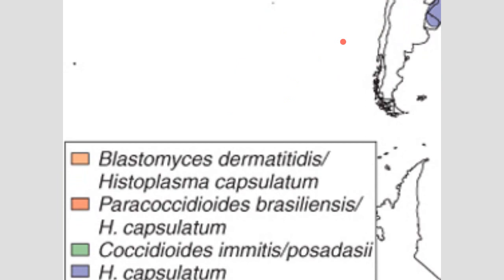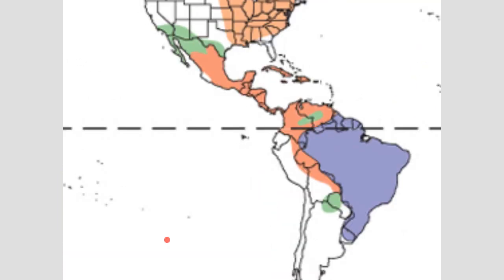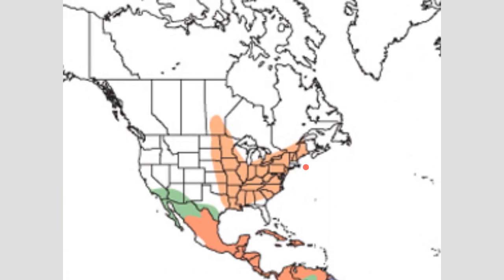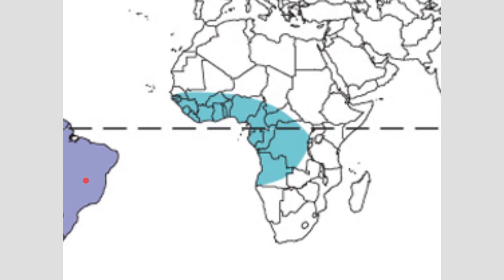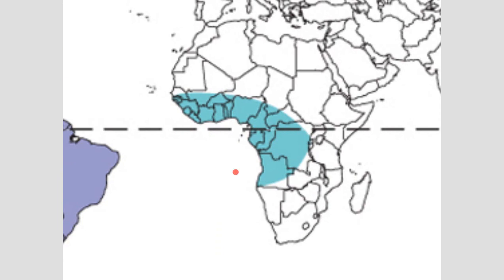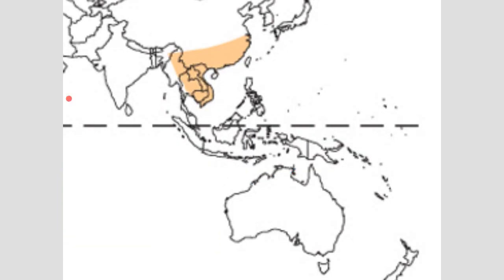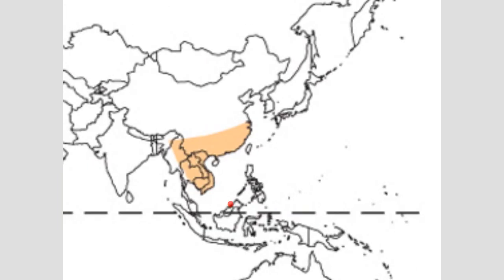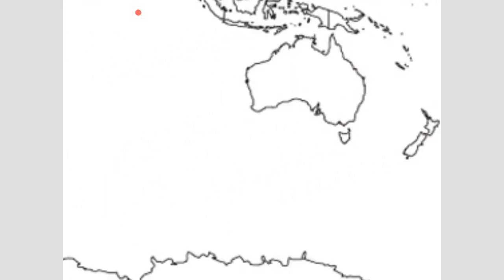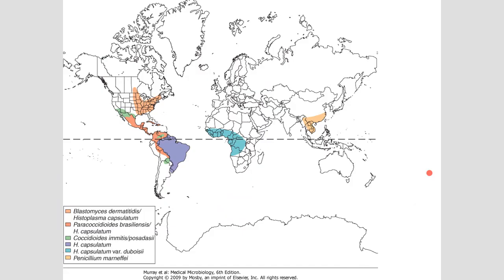You can see blastomyces is so prevalent. And paracoccidioides and histoplasma are also there, but mostly in the lower part, as compared to the rest of the world, like Western Africa and also part of the Far East, and some other countries that are not listed here, which are important in terms of the world scenario of what kinds of infections we normally see.